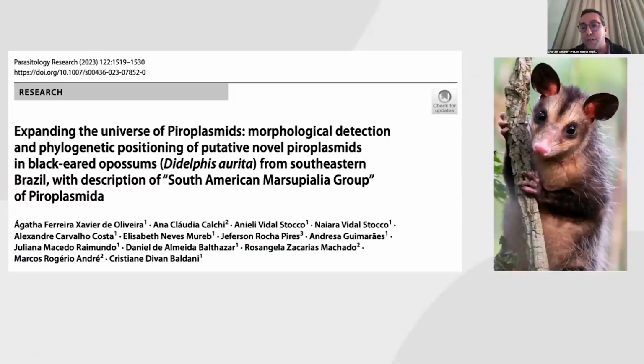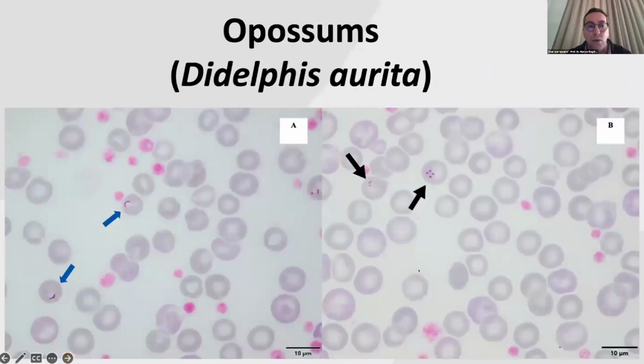Then we collected blood samples from Didelphis aurita in Rio de Janeiro. And we came across trophozoites, but this is really interesting because we found a piroplasmid which resembles the Maltese cross from Theileria.